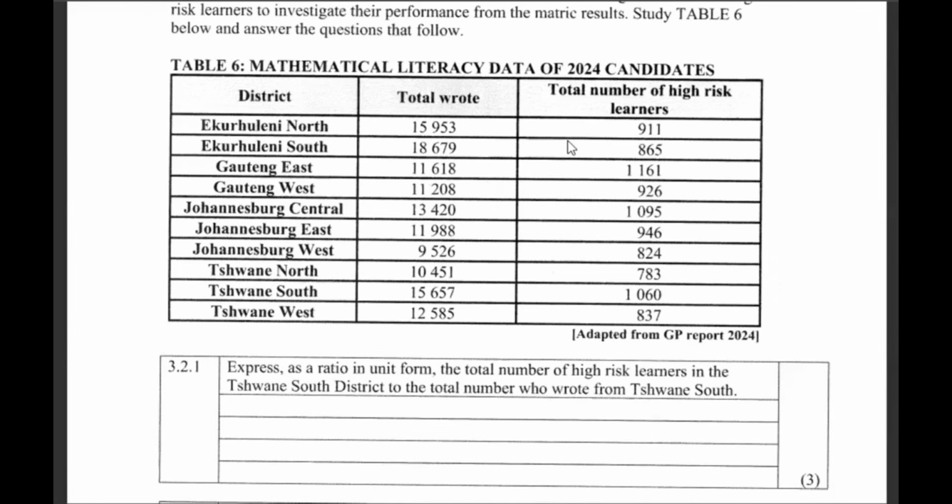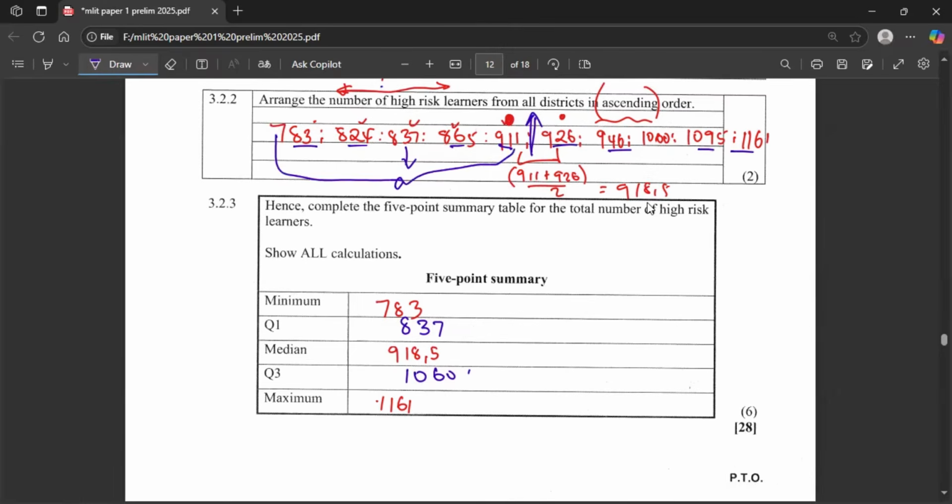Okay, so we have all this information, good. And they're asking us 3.2.1, can we express as a ratio in unit form the total number of high-risk learners in Tshwane South of the first half, and then find the median of the second half on the right-hand side, and then you have your values.